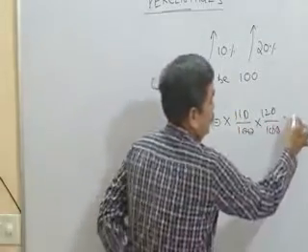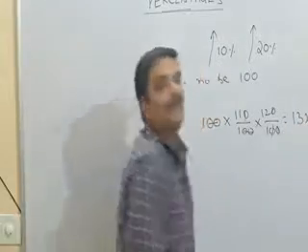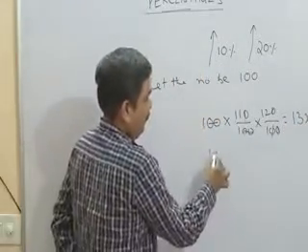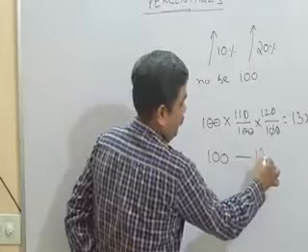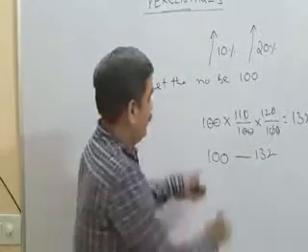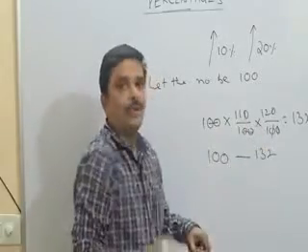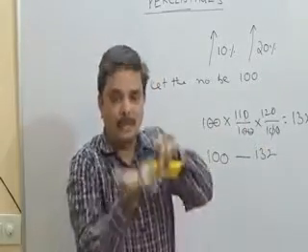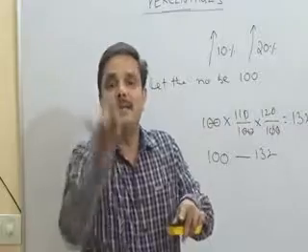Now it is 132. What do you mean by 132? Number 100 has become 132 after the iterations here. Now, when 100 has become 132, increment is there obviously, but I need to find out what percent it is increased.